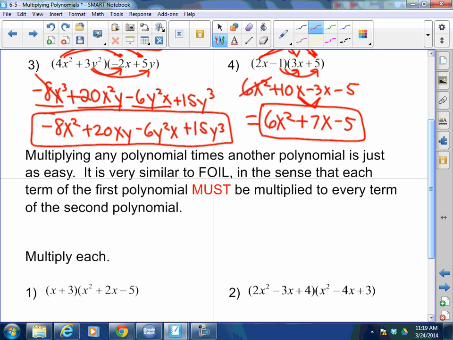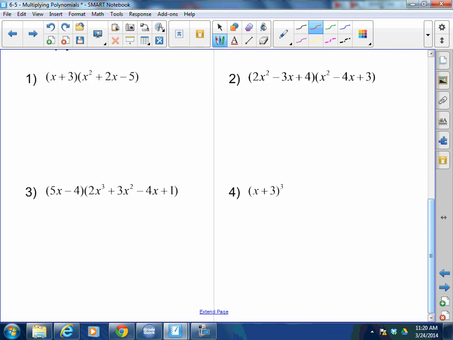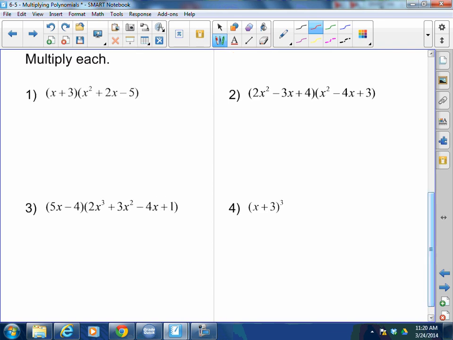multiplying any polynomial times another polynomial is just as easy. It is very similar to FOIL in the sense that each term of the first polynomial must be multiplied to every term of the second polynomial. These can get long. They will get long. But we got to do them. So, first term in the first polynomial must be multiplied to everything in the second.